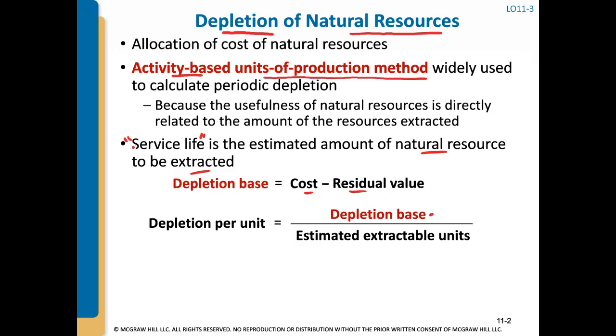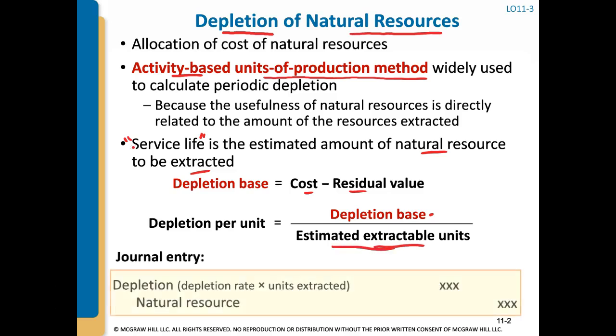And then we're going to divide that by the estimated extractable units. An example of that is if we have a mineral deposit, then we can maybe estimate the tons of minerals or maybe the barrels of oil that will be extracted. And that's what these extractable units refer to.